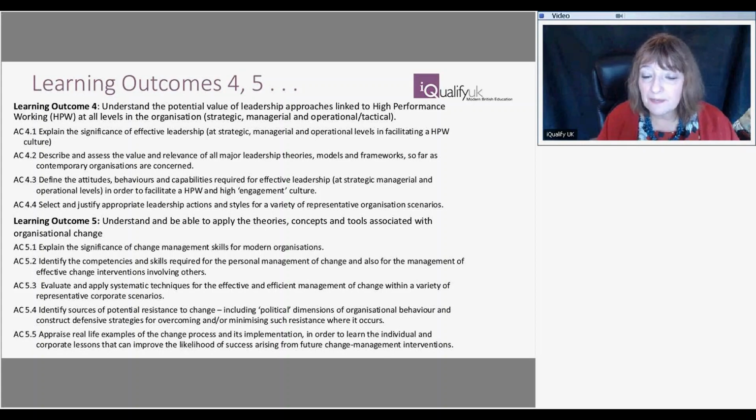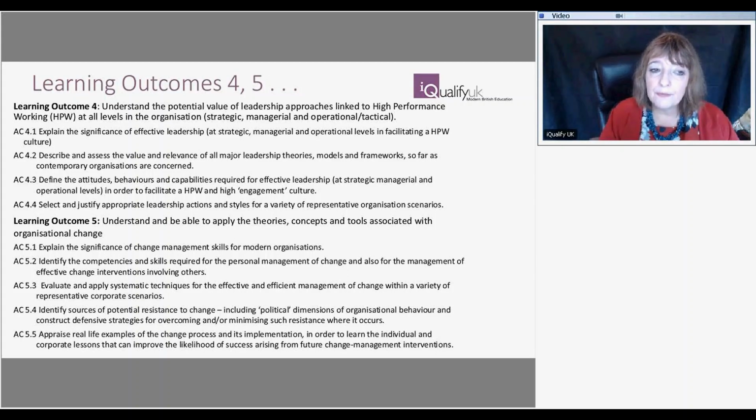Explain the significance of effective leadership. Look at the different levels. Everybody's involved. Describe and assess the value and relevance of all leadership theories, models and frameworks as far as contemporary organisations are concerned. Define the attitudes, behaviours and capabilities required for effective leadership at strategic management and operational levels in order to facilitate HPW, which stands for high performance working, and high engagement culture.